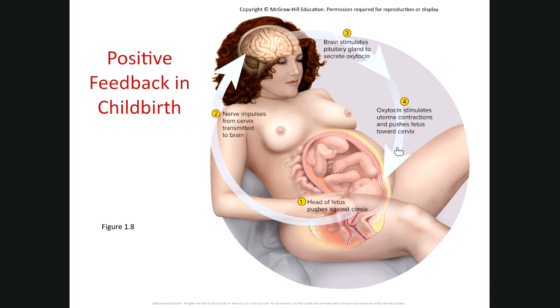The effector in this case is smooth muscle in the uterus. So smooth muscle is going to be stimulated by oxytocin to contract. And when these contractions happen, that's what the woman is feeling, this discomfort from these really serious contractions. And the thing is, the contractions increase.